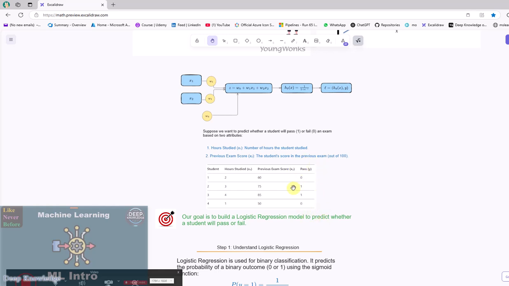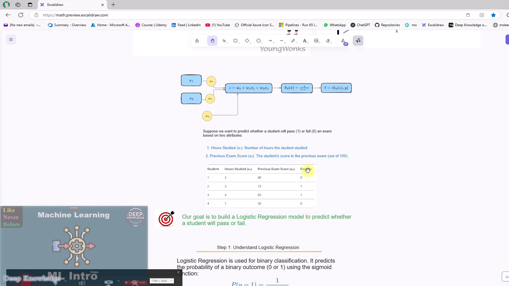It's categorized, it's not predicting the score. If we would like to predict the score, we will use linear regression. If we need only one value, yes or no, or for instance pass or not, we will use logistic regression.